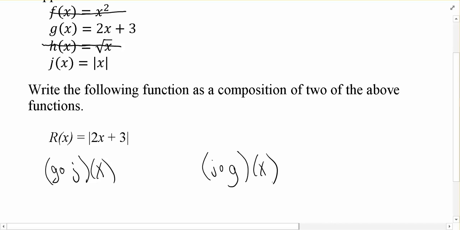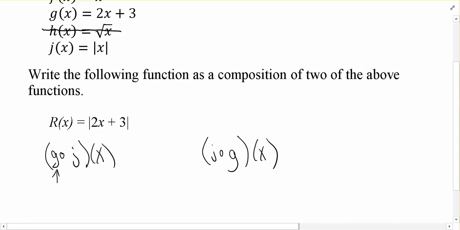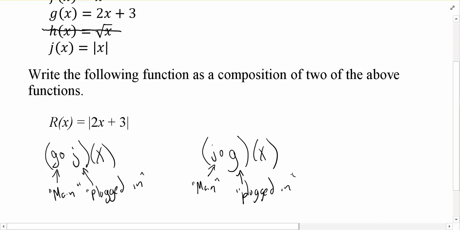Which one is it? Well, this boils down to what's the main thing versus what's plugged in. So is the J the main thing and the G what's plugged in, or vice versa?